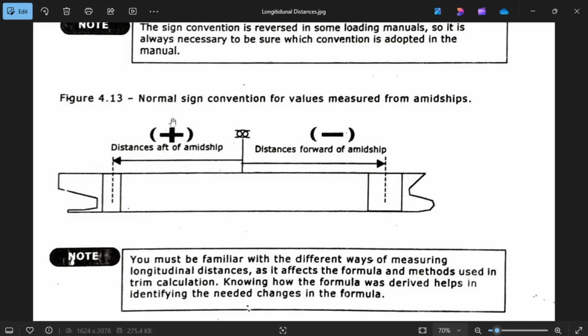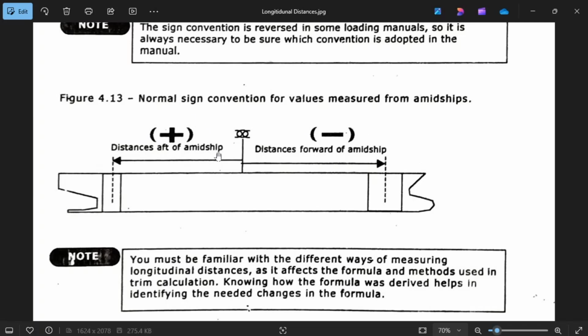So it's easy to remember when you say the name Peter and Pedro. Peter is forward of your vessel from amidship, and Pedro will be aft of your vessel from midship because his name is Pedro. So it's easy to remember.